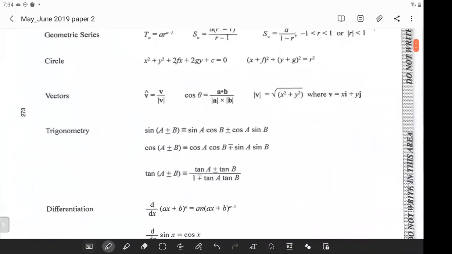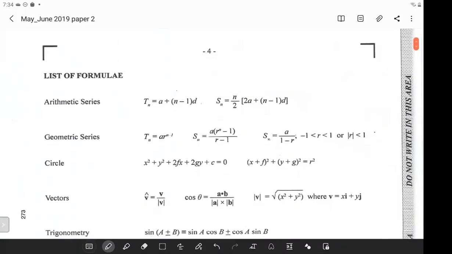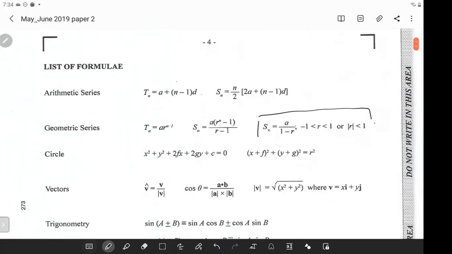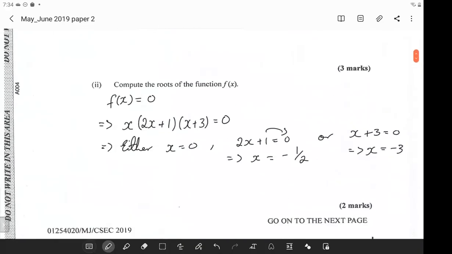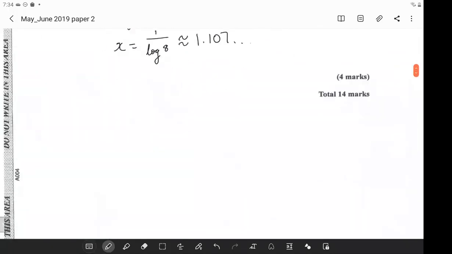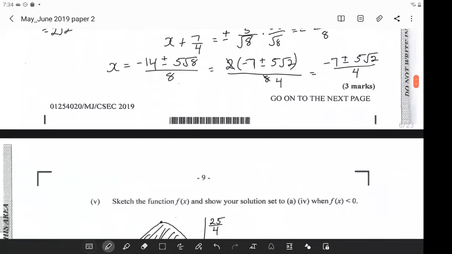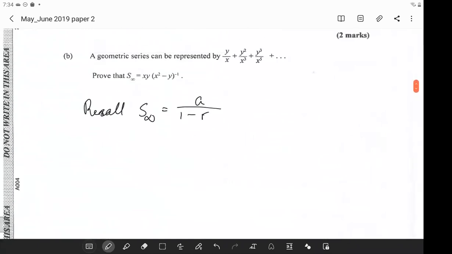But it also has a condition that the value r is between -1 and 1, not inclusive of either side. So that means the absolute value of r, when we take off the sign, the positive value, is always less than 1.